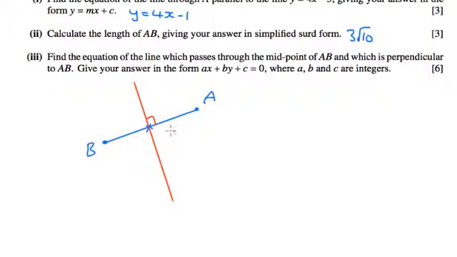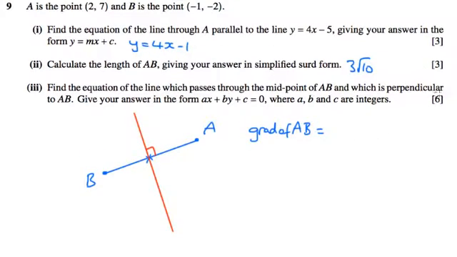We can find the gradient of that line if we know the gradient of line A to B. So let's find the gradient of line A to B. And to find the gradient of a line, we need to do the difference in the y coordinates, so y2 minus y1 over x2 minus x1. So that's minus 9 over minus 3, which is positive 3.